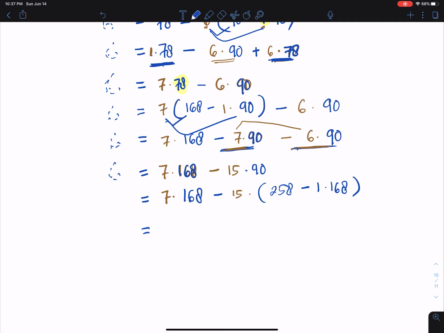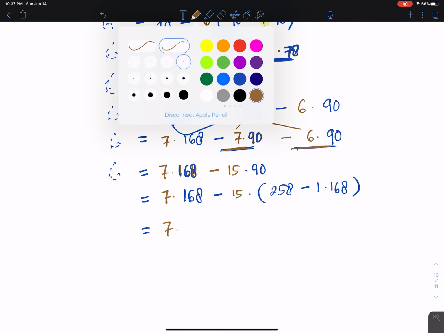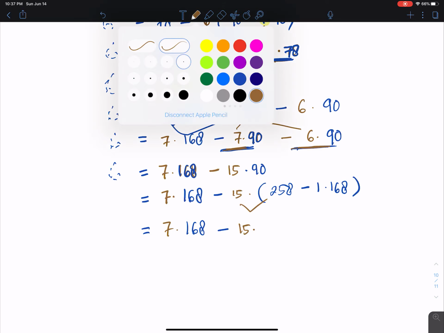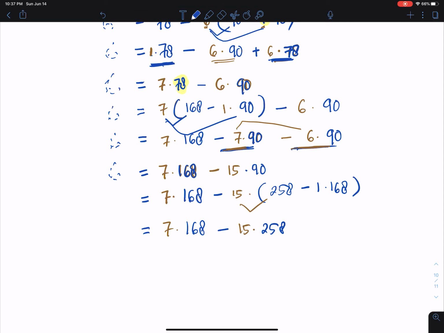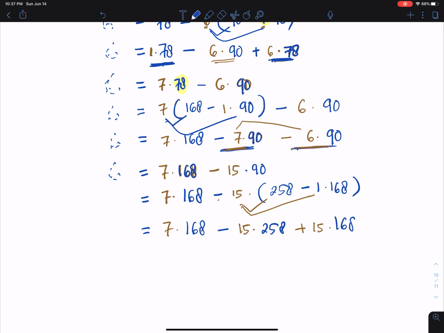So we have here first 7 and then 168 minus, so to here 15 times 258, and the next negative becomes positive, 15 times 1, 15 times 168. All right, so almost done. So we simplified.